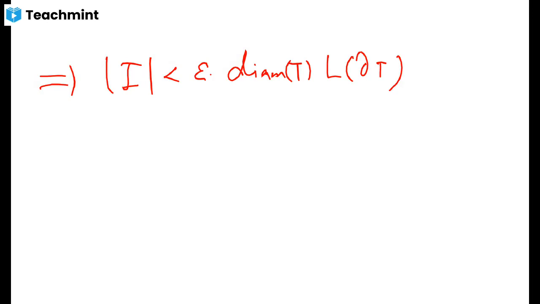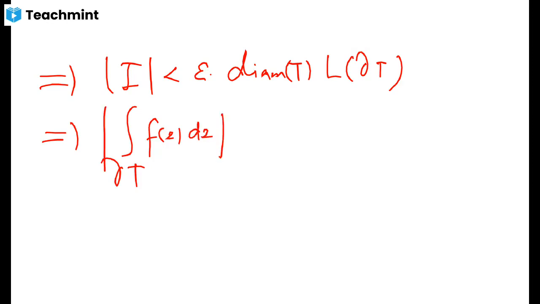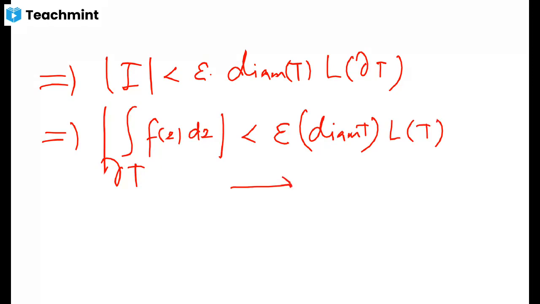So the modulus of the integral over the triangle T of f of z dz is less than epsilon times the diameter of T and the length of T. Clearly, since epsilon is arbitrary, if I take epsilon to 0, it goes to 0, because the diameter of T and the length of T are fixed constant quantities and are not going to change.